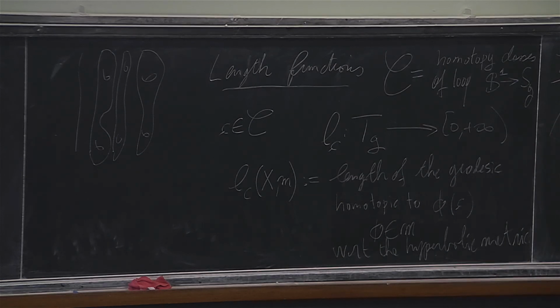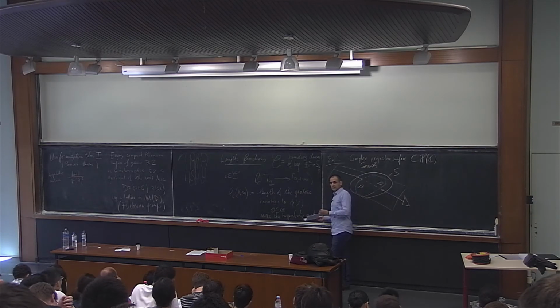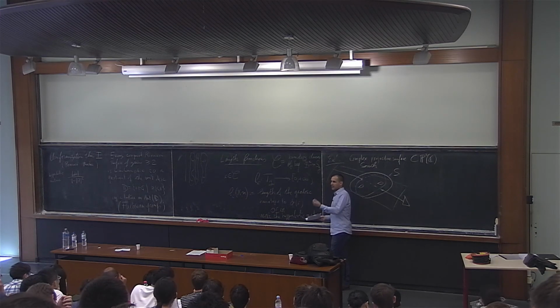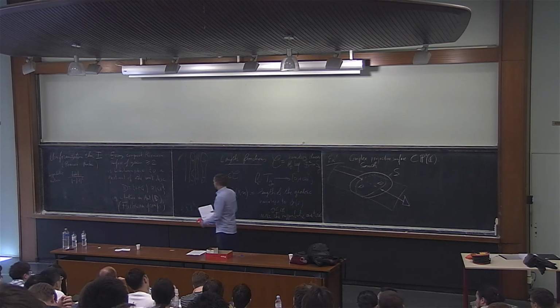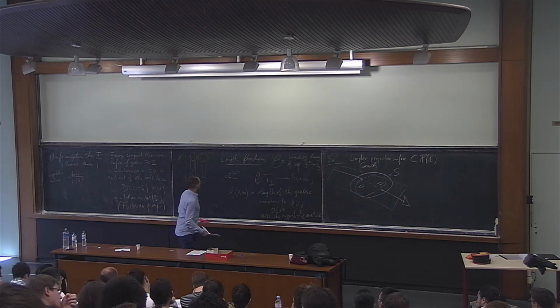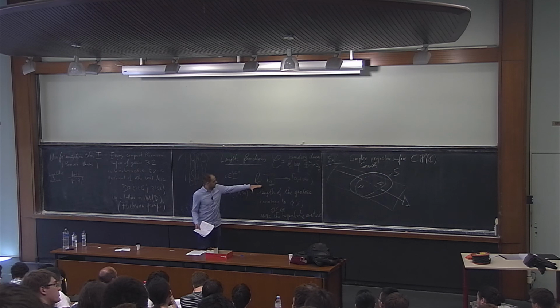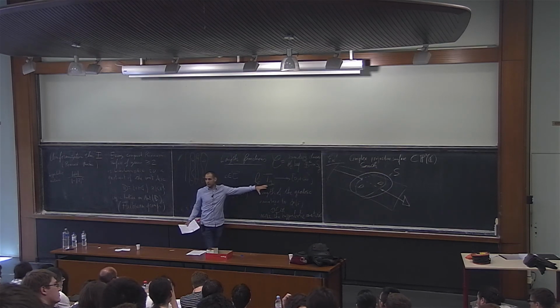And so there is something to prove because, a priori, there could be many geodesics in this homotopy class, but since this metric has negative curvature, there is only one geodesic in each homotopy class up to reparametrization by time. And so the length is well defined. So you get some functions defined on the Teichmüller space.